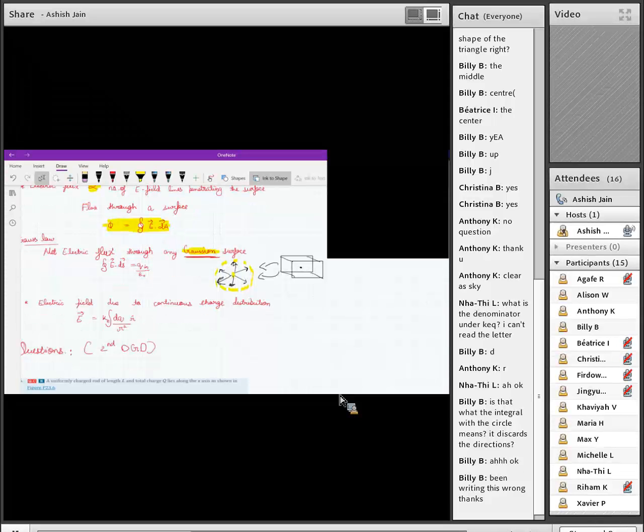Now, in this chapter we also cover electric field due to continuous charge distribution.